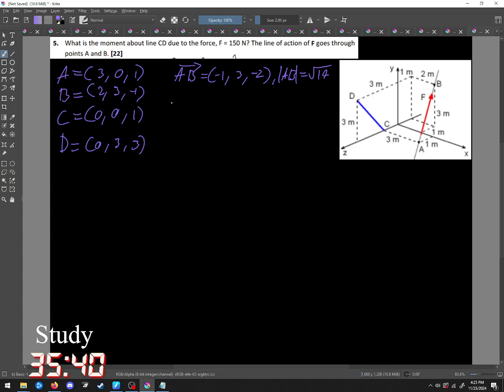Now lambda AB is going to be equal to negative 1 over square root 14 I hat plus 3 j hat minus 2 k hat over square root 14.